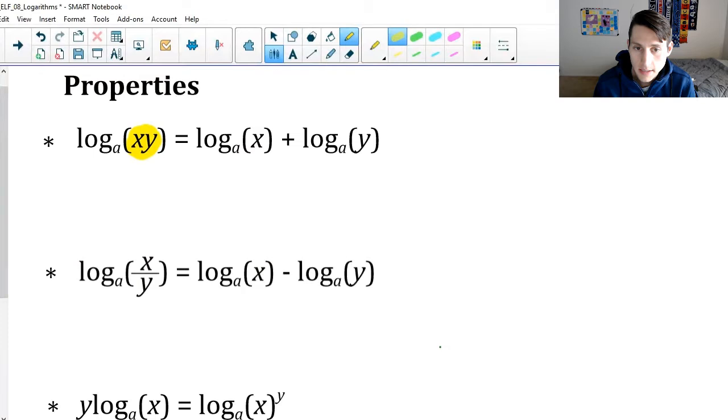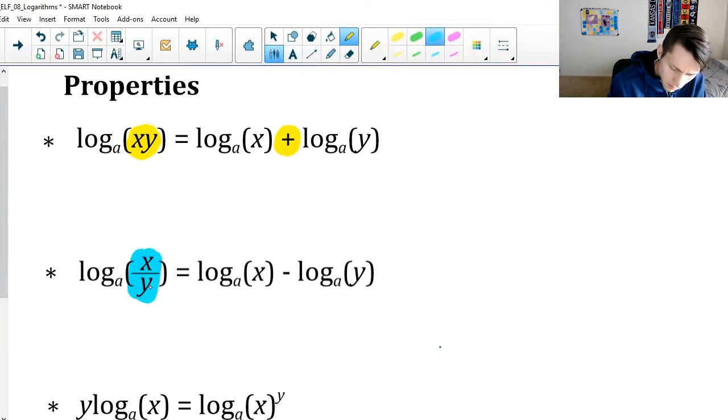Okay, so back to this. So my properties: if there's multiplication going on inside the logarithm, then one property is we can split it up into their own individual logarithms using addition. Right. Or vice versa. If I start with two logarithms that are being added, I can combine those together by multiplying them on the inside.